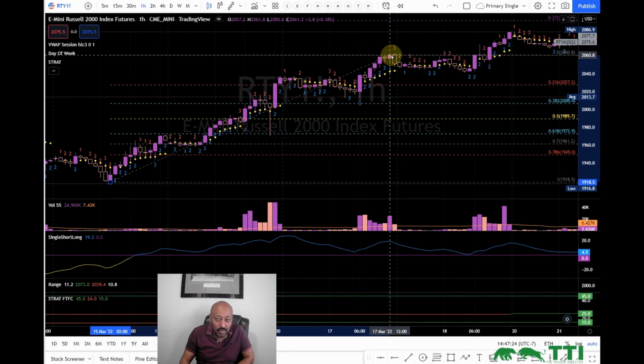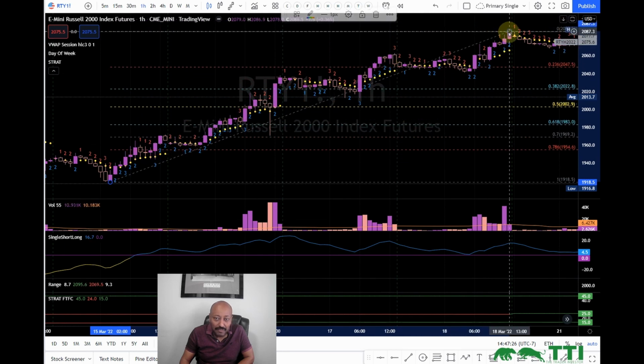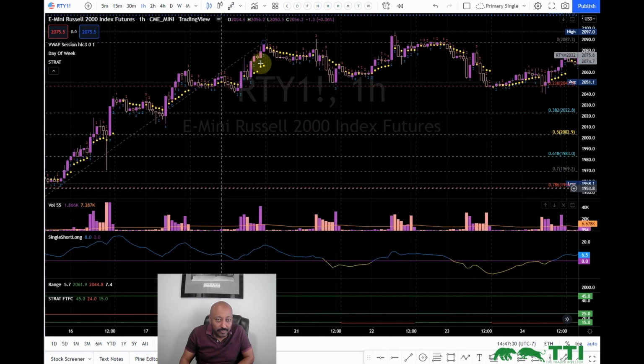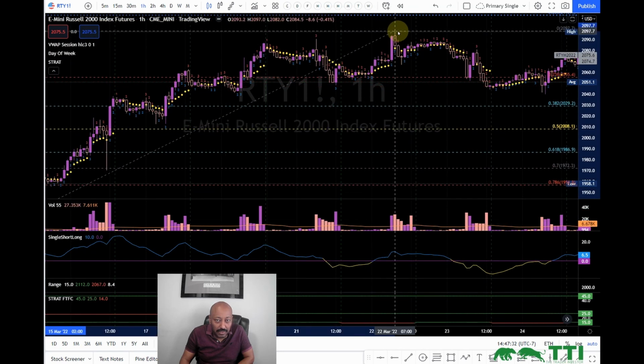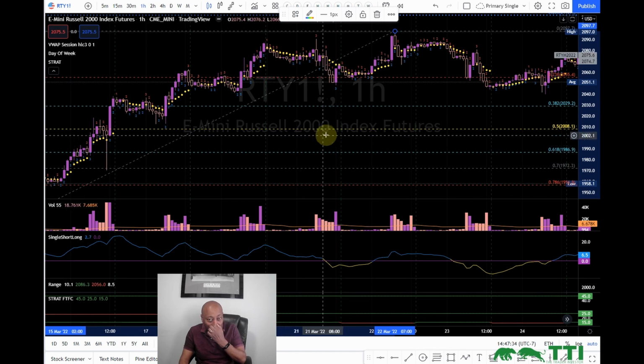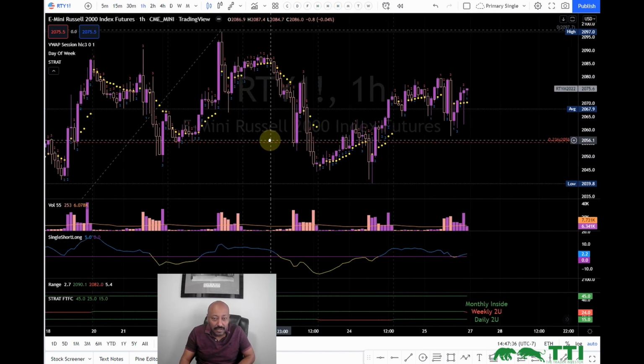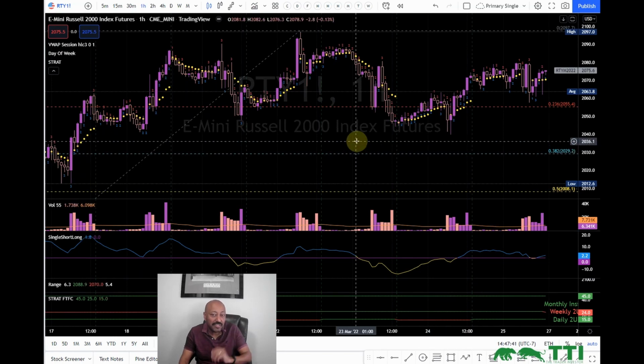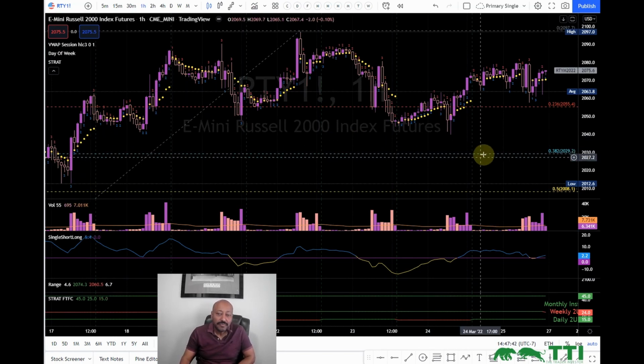So you keep moving, and I think this is where we are. We are right here. We're still above that 38.2. So this is still intact.